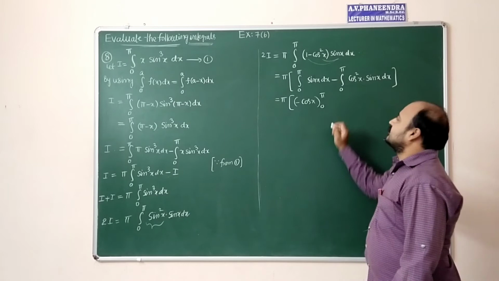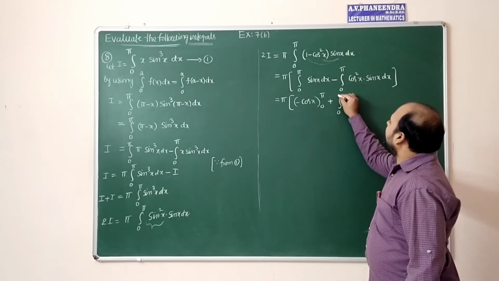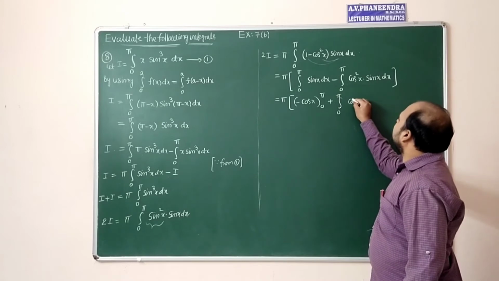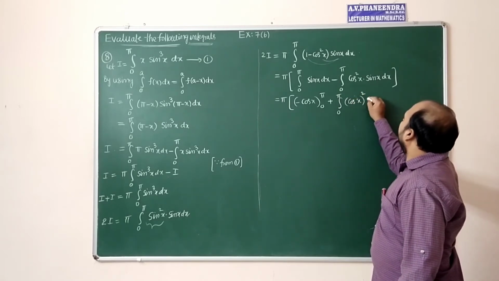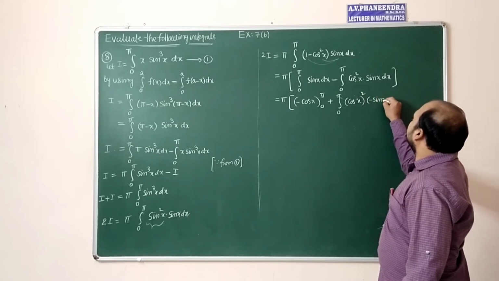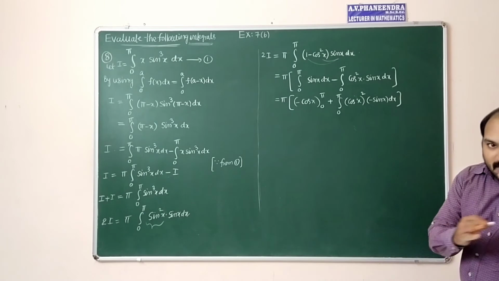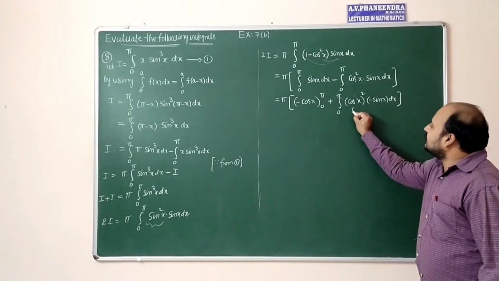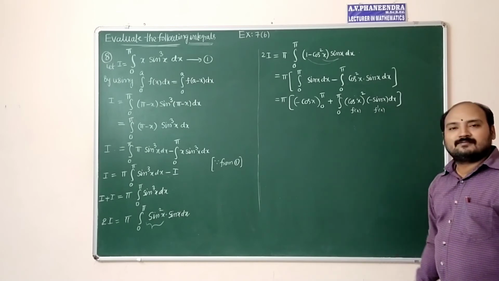Otherwise you can take it this way: plus integral 0 to pi cos square x, that means cos x whole square, into minus sin x. That minus I am taking here, that's all, there is no change at all. Here this is f of x, I am assuming, and clearly this is f dash of x, is it right?